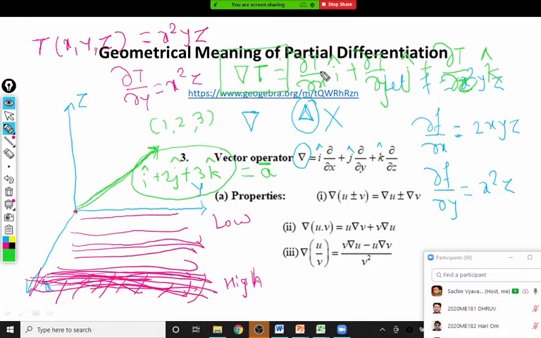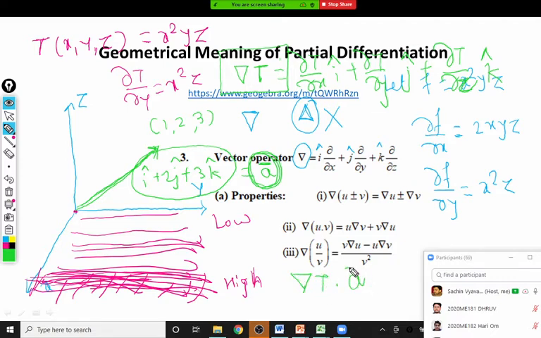So if we want the derivative of the function t along the x-axis, we take del t dot i cap. Similarly, if we want the derivative of t along the y-axis, we take del t dot j cap. Now, if we want it along a bar, what should be done? We have to take the projection of this del t vector along a bar.